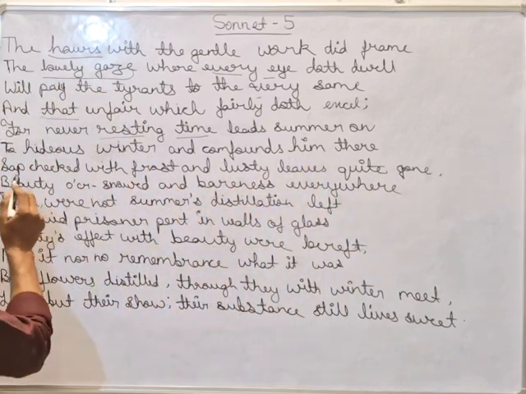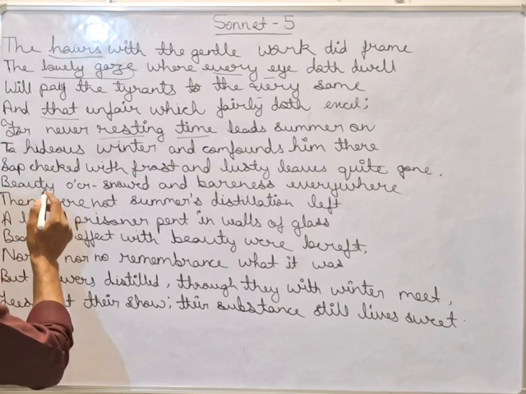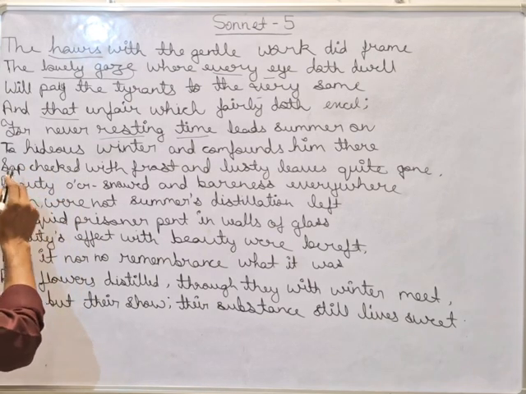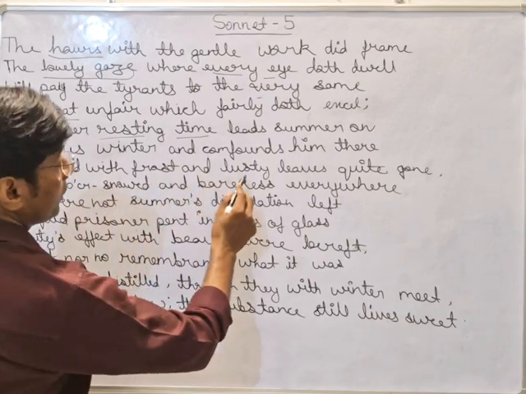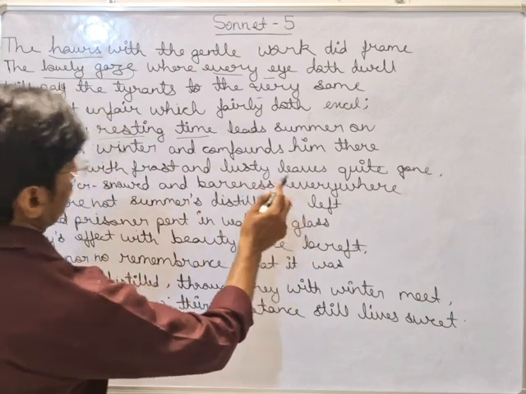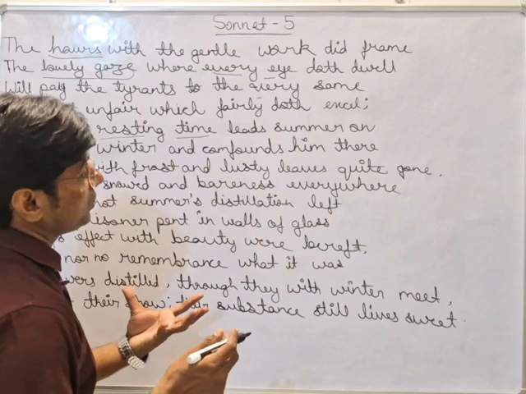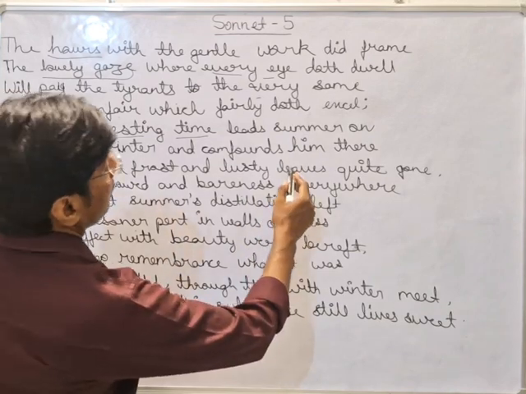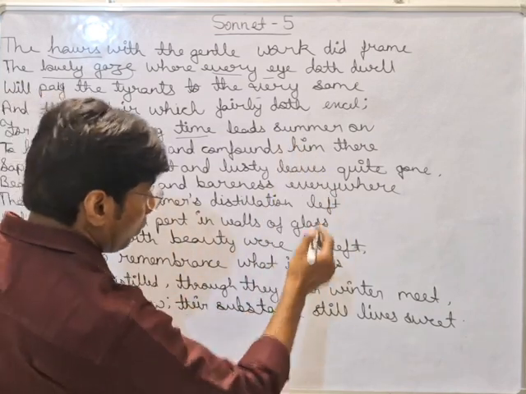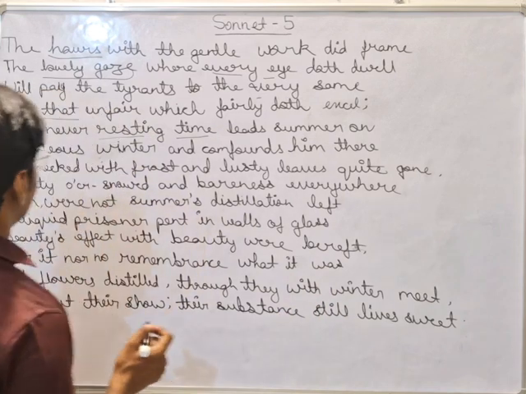So what happens to the lush green leaves of the plants and trees in the winter? They lose their lust. They lose their greenery. They fall down from the branches.